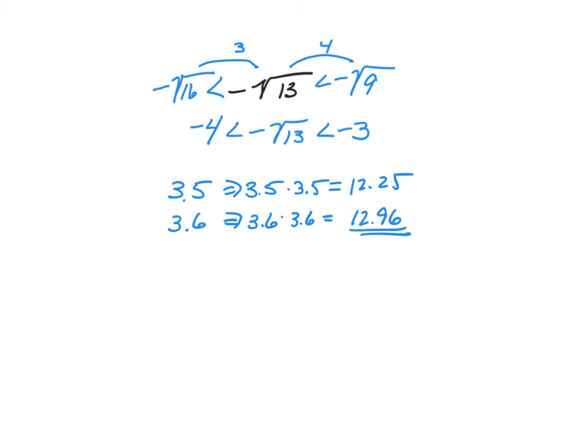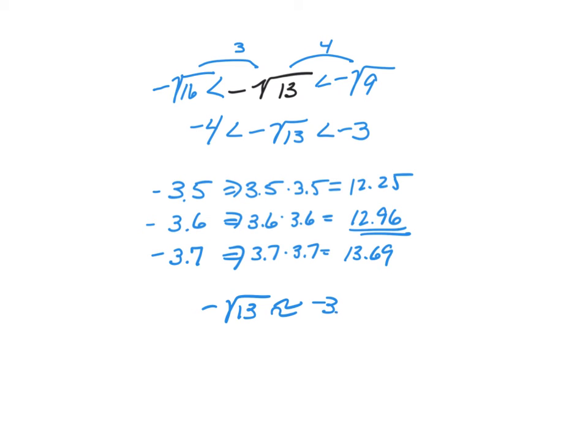So for the sake of checking, let's do 3.7 squared, and I'm going to get 13.69. Well, that is really far away from 13, so 12.96 is closer to 13, so we're going to add the negative here and say that the negative square root of 13 is approximately negative 3.6.